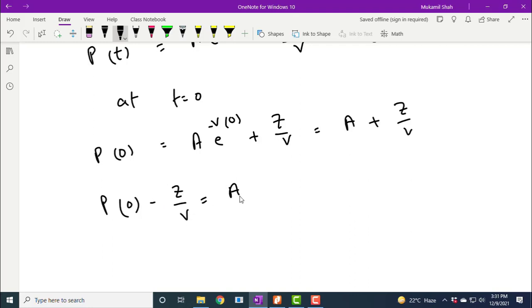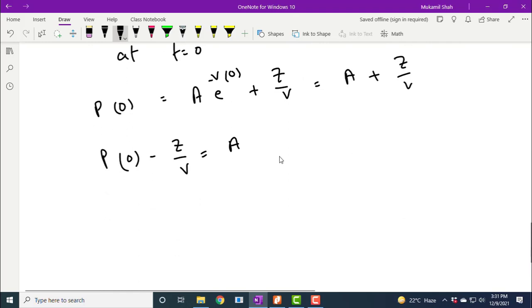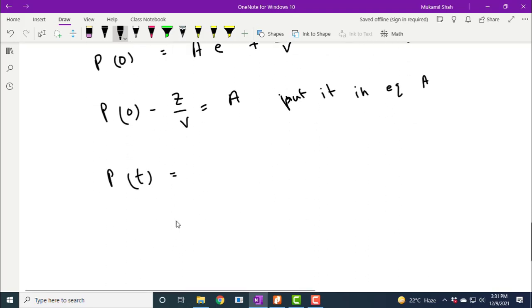You can put this value of a in equation number A. Equation number A is this one. So putting the value of a in equation A, p of t is equal to a, which is p of 0 minus z over v.